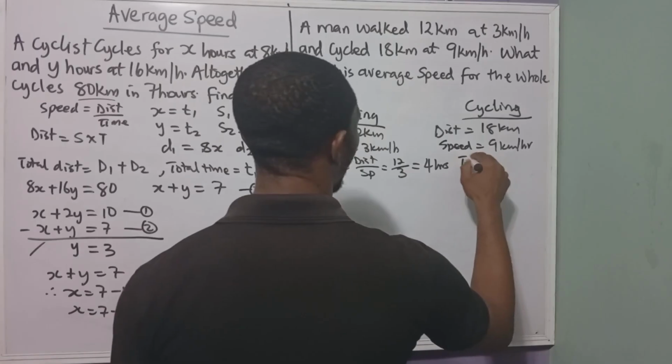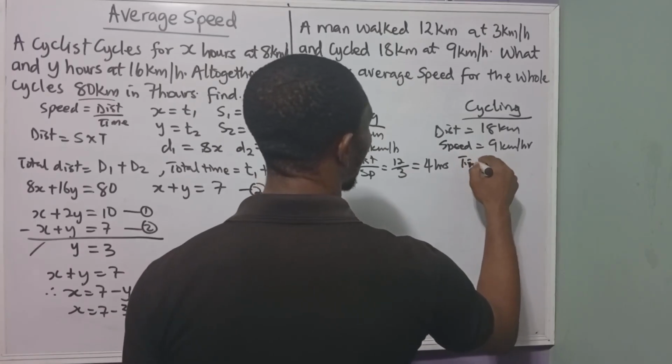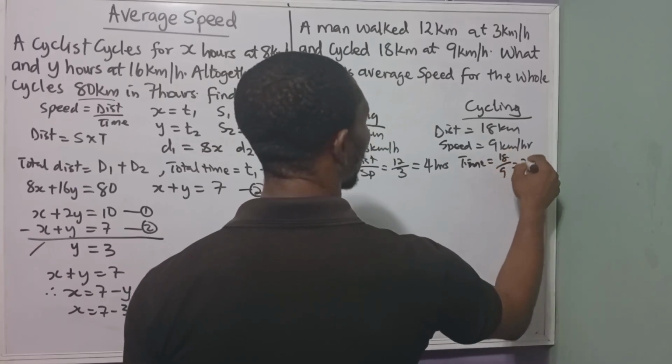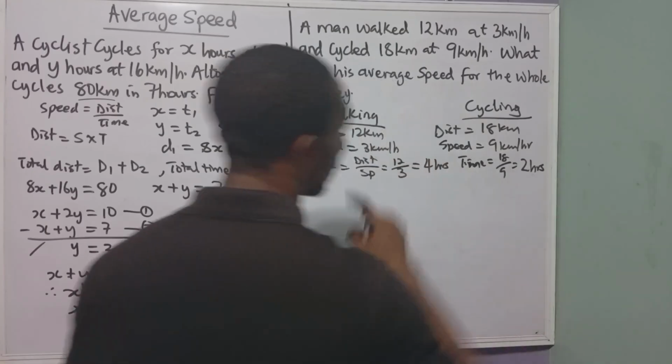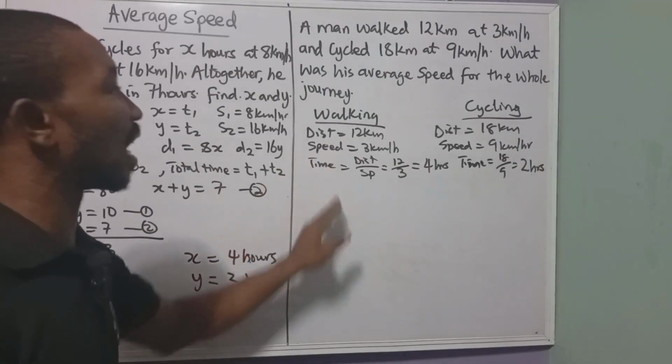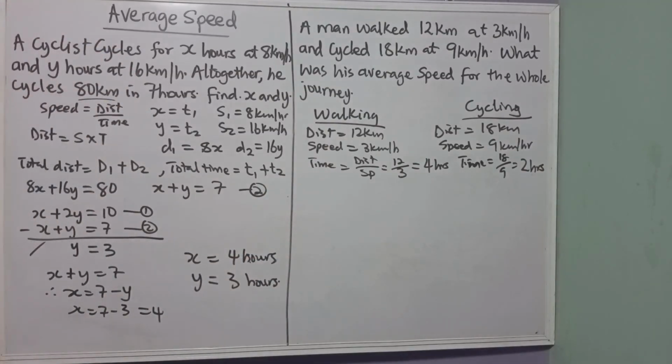So our time would be 18 over 9, which gives us 2 hours. Okay, that means for the walking, his time taken was 4 hours, and for the cycling, his time taken was 2 hours.